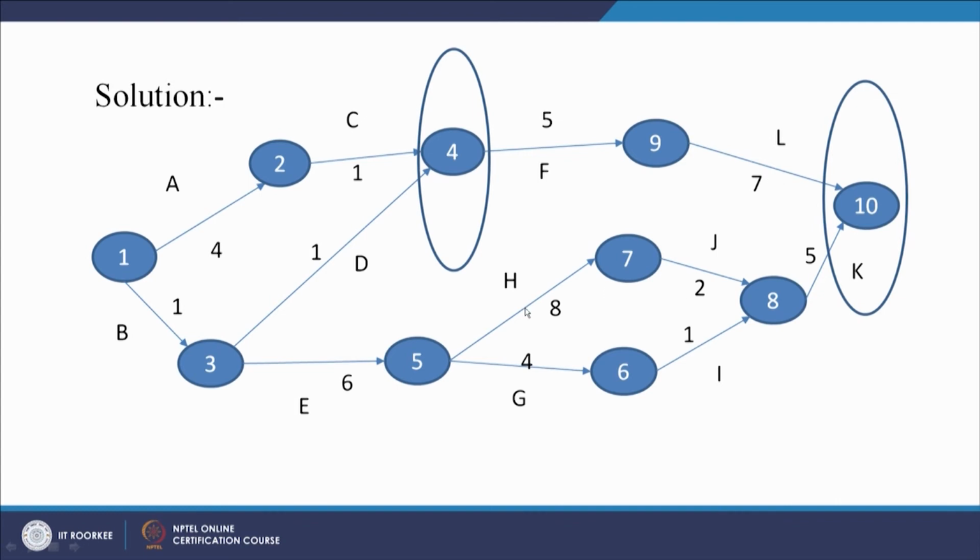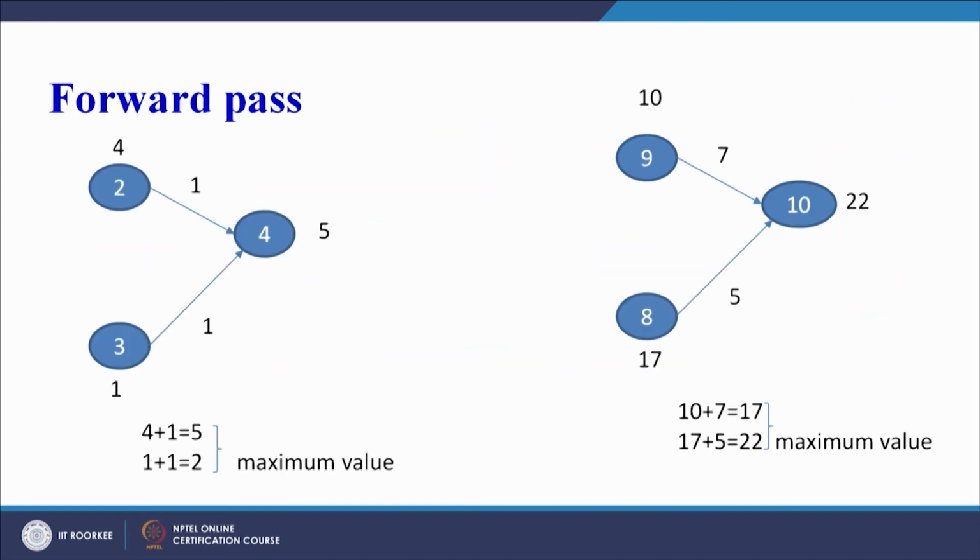And similarly calculating the different paths, there are two paths here. At node 8 we can do the calculation of when activity K can start, or after how many days activity K can start. So K can start after 17 days and it will take 5 days. So 17 plus 5 is 22, 10 plus 7 is 17. So we have to take the maximum value.